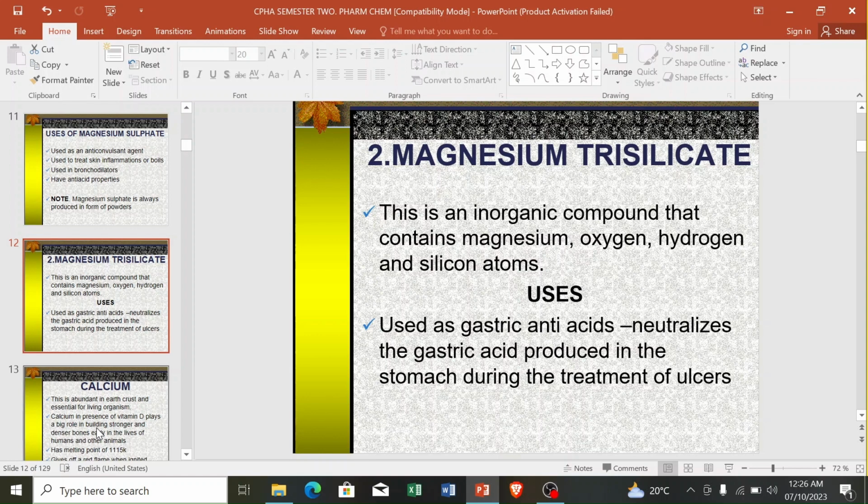Magnesium sulfate hexahydrate has 6 molecules, and magnesium sulfate monohydrate has 1 molecule of water of hydration. We also looked at the physiological roles of magnesium. After we prepared magnesium sulfate, we looked at its uses, and then we came to magnesium trisilicate. I hope you don't forget this.